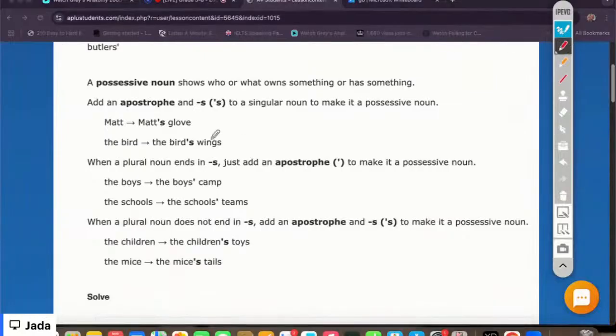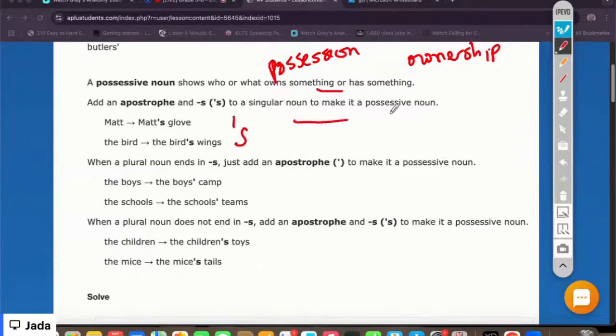So we have a possessive noun shows who or what owns something or has something, and we said that it shows possession and it also shows ownership, right? Okay, so now you're adding an apostrophe and then the s to a singular noun to make it a possessive noun, just like Matt is singular, and then you add s.